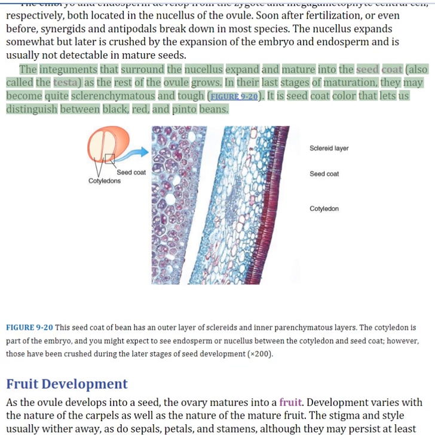The integuments that surround the nucellus expand and mature into the seed coat as the rest of the ovule grows. In their last stages of maturation, they may become quite sclerenchymatous and tough. It is seed coat color that lets us distinguish between black, red, and pinto beans.